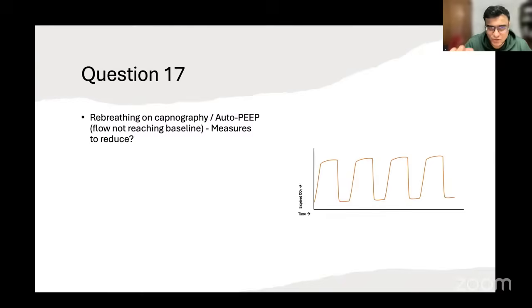You don't really see it in modern day ventilators, but if you have a graph like this with a question like this, then you have to tick the answer as rebreathing.